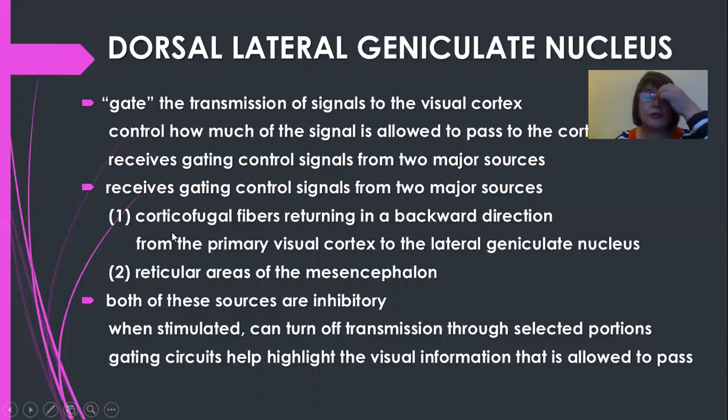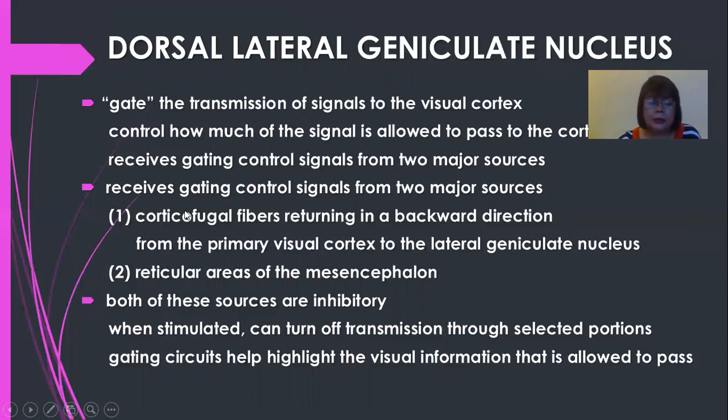These are corticofugal fibers returning in a backward direction from the primary visual cortex back to the lateral geniculate nucleus, which is inhibitory. So it gates or analyzes the information that you want to concentrate on or to just not give significance to.